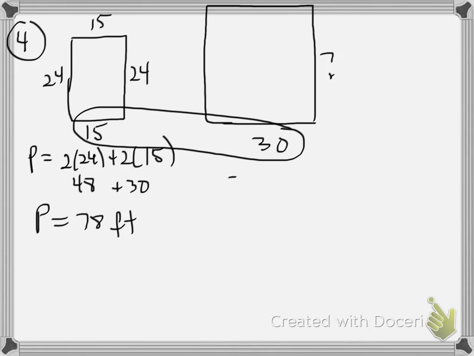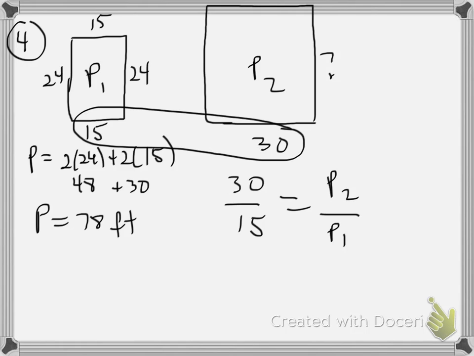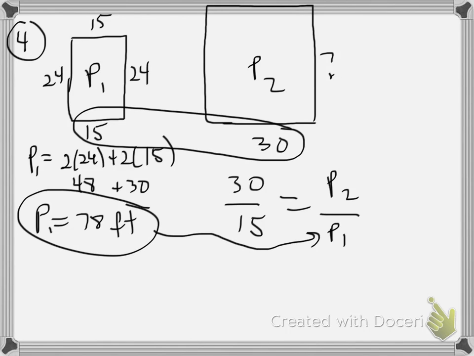I can relate 30 to 15. And 30 over 15 is going to be this perimeter and this perimeter, so perimeter 2 over perimeter 1. And we know what perimeter 1 is, it's right here, 78. This fraction 30 over 15 reduces to 2 over 1, equals perimeter 2 over 78.